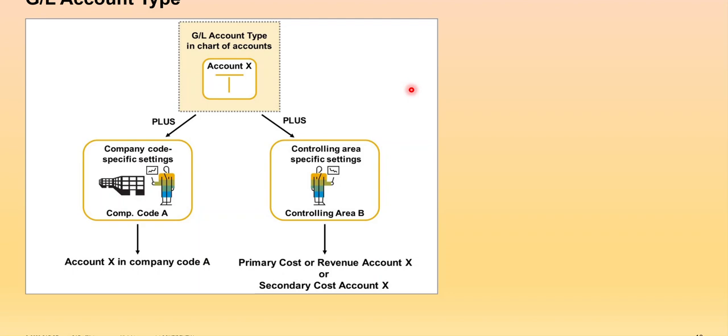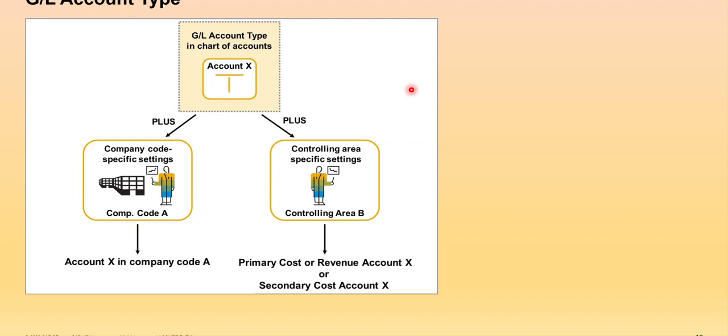Cash account or bank reconciliation account is a GL account that can be assigned to more than one house bank account. For each house bank account, a GL account is required to which payment transactions are posted. With the cash account, the number of such GL accounts can be significantly reduced.